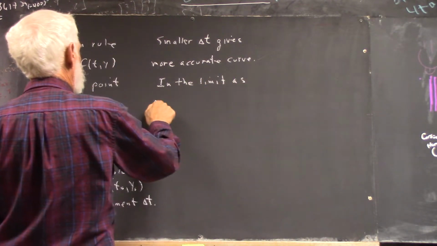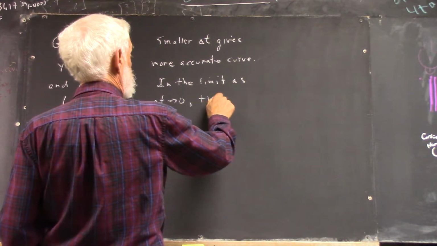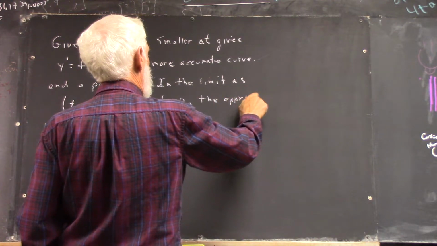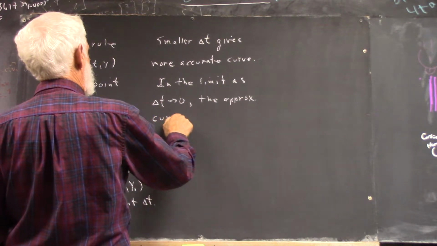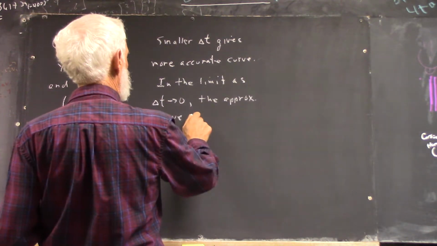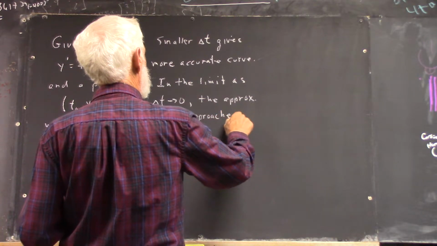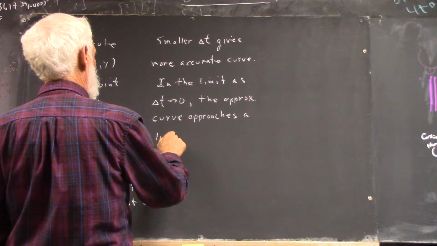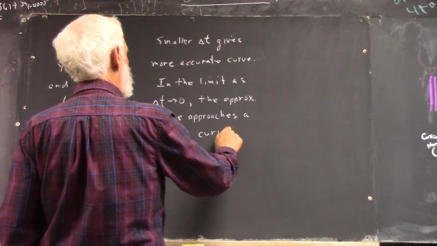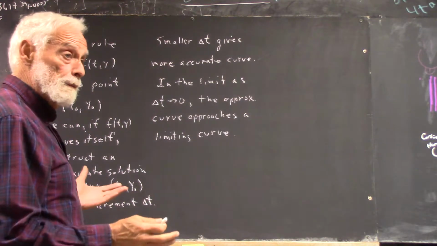In the limit, as our delta t approaches 0, the approximate curve approaches the limiting curve. Make sense?